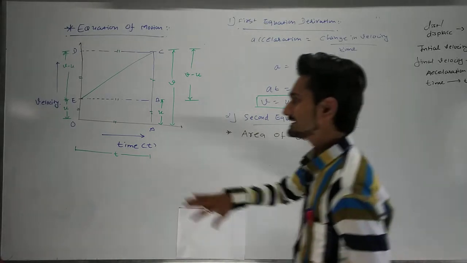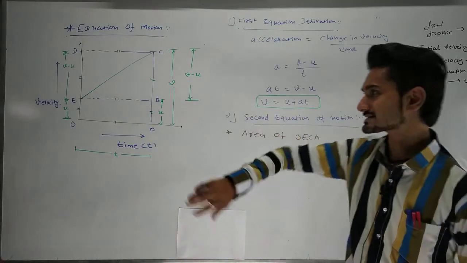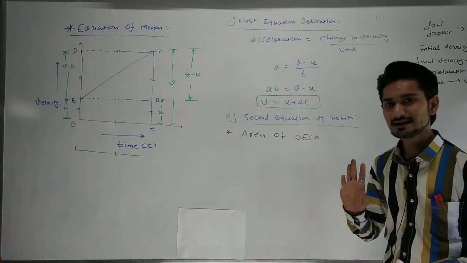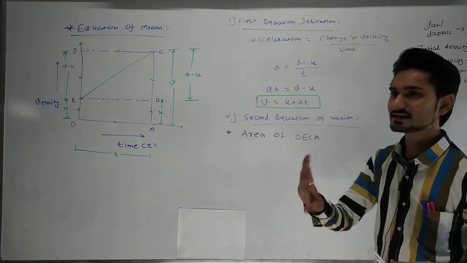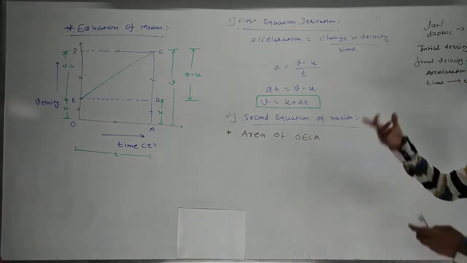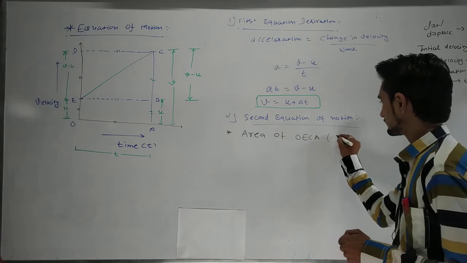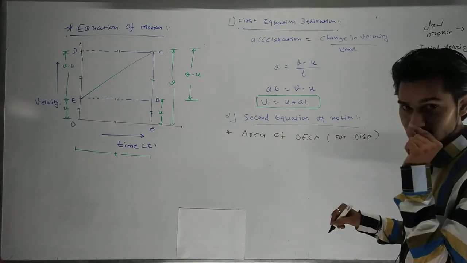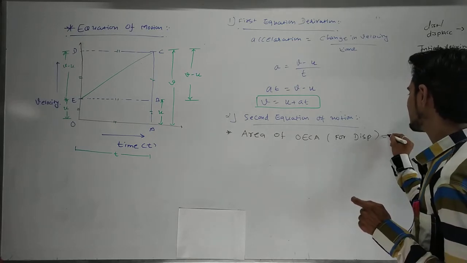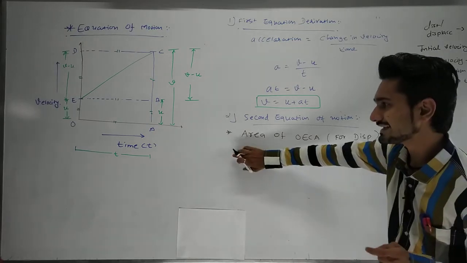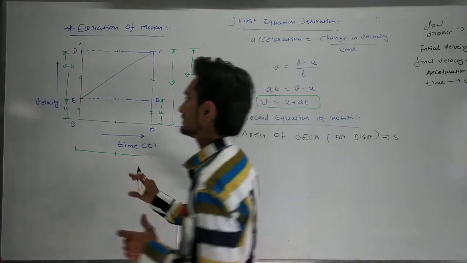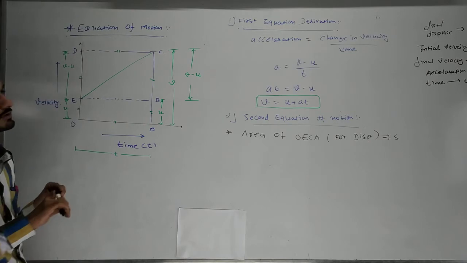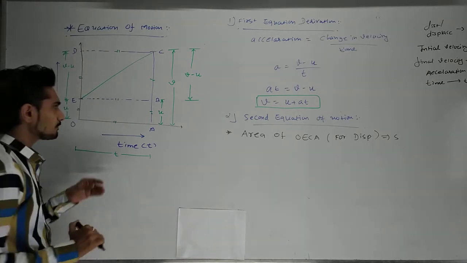If you can see it here, you can see two things that are present. If we measure this area, then we can get the displacement, and displacement will be symbolized by S. So we can find S by separating this whole area into two parts.